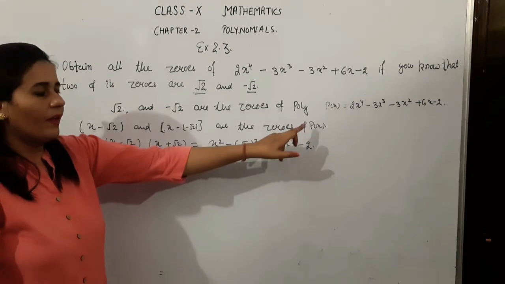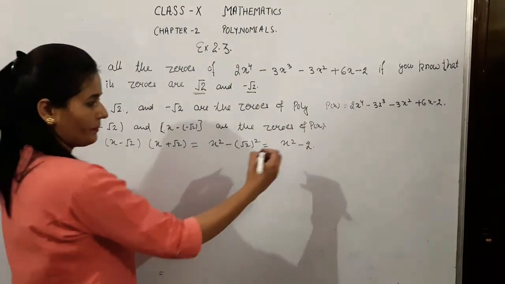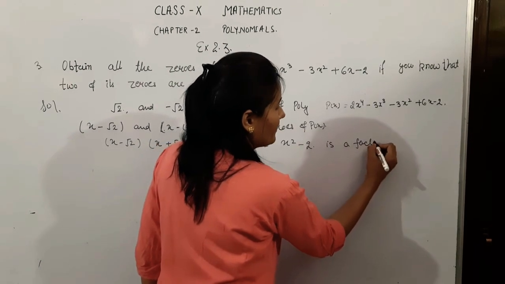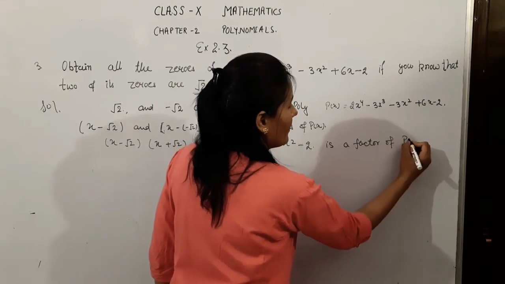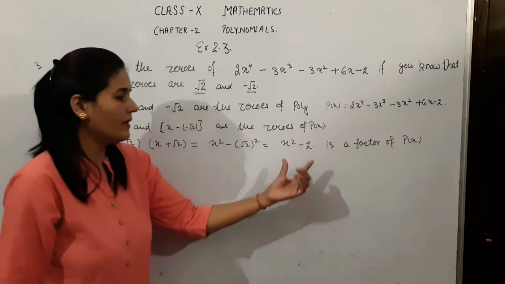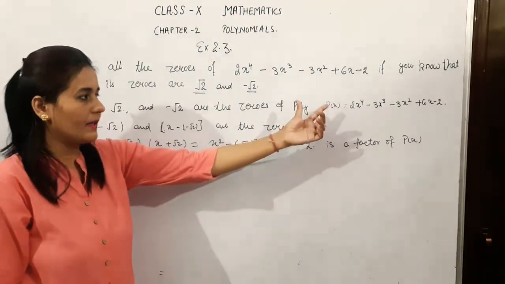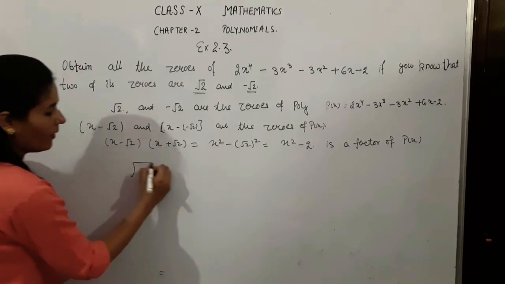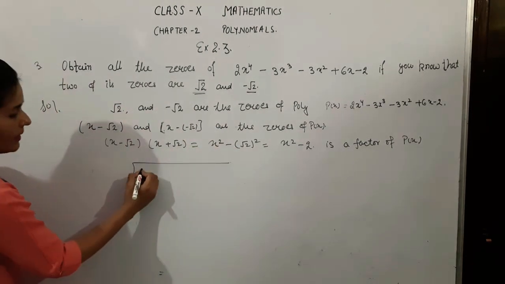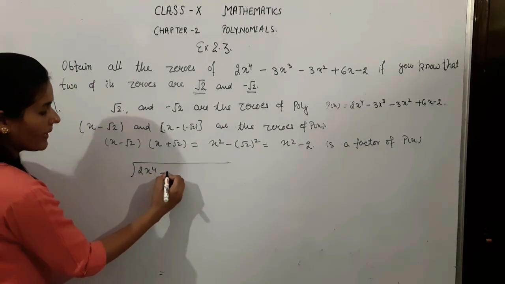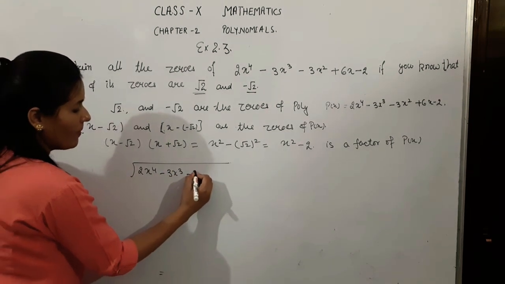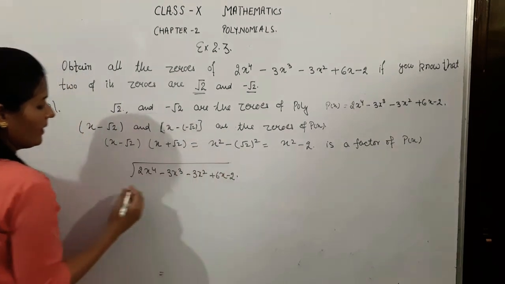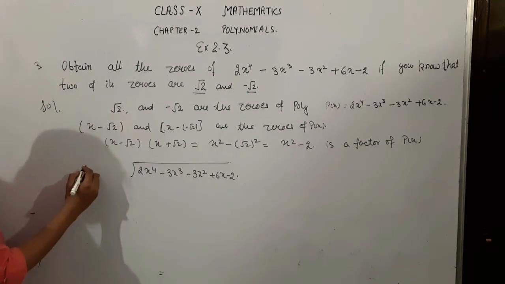If this polynomial is a factor of p(x), then we can divide p(x) by this and the remainder will be 0, right? So we are dividing the polynomial 2x4 minus 3x cube minus 3x square plus 6x minus 2. Here I show you the division.